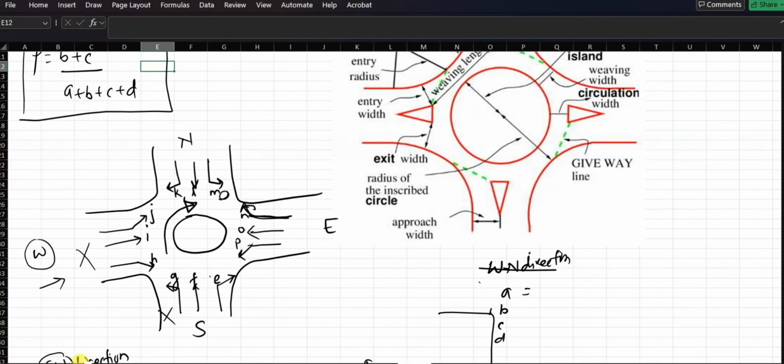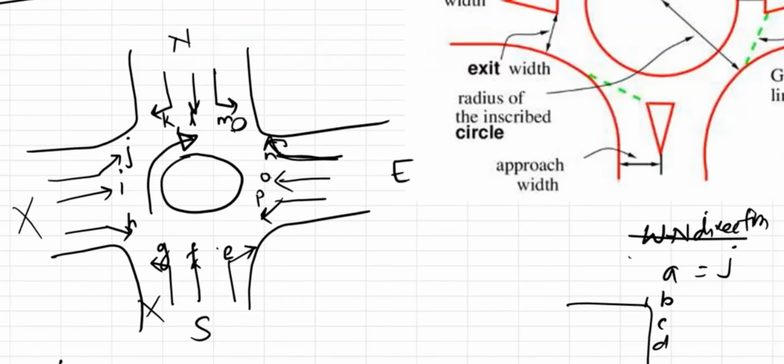So A is that which starts from W and ends in N, so it starts from west. The traffic going to north is J. And what is B? B is that which starts from west but goes into north and east, so that is I plus H. And what is C?